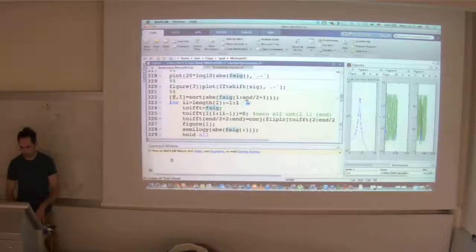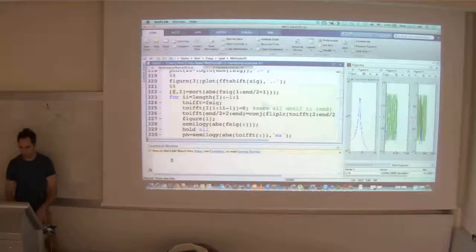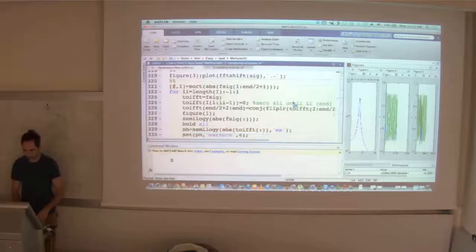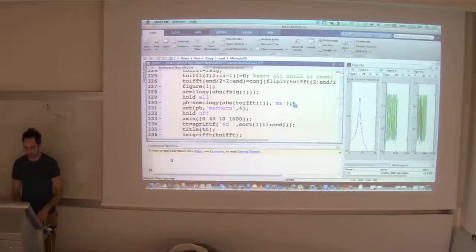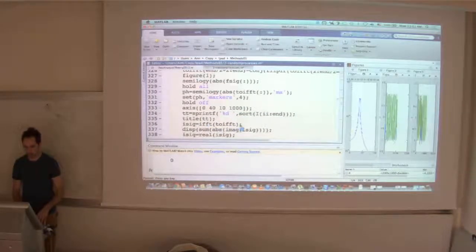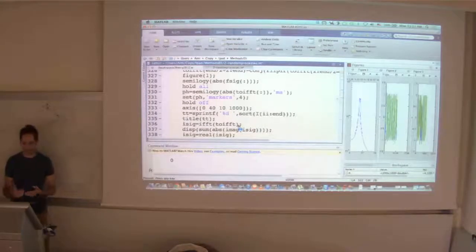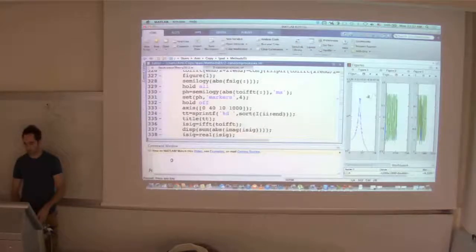The FFT is here. I already did it, and I sorted all the amplitudes and the frequencies, and then I can zero all the other frequencies. So I know which frequencies to take. And IFFT is the function that actually does the reverse of the FFT. IFFT gets the signal that we just saw in the frequency domain and in the phase domain, and brings me back to the time domain.